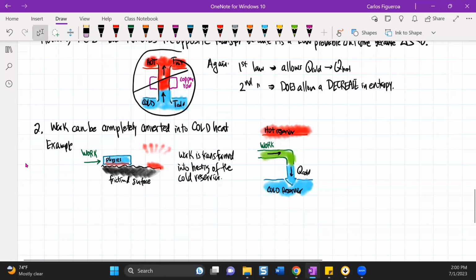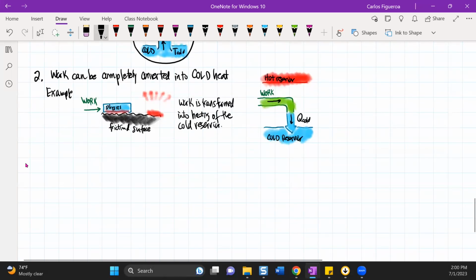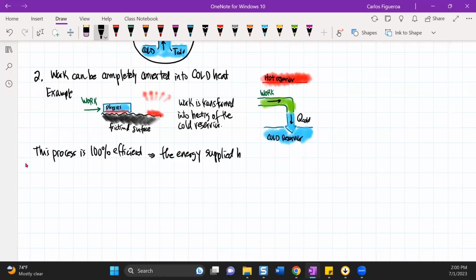So what you're seeing here is that this process is 100% efficient, which means the energy supplied by working is completely transferred into heat QC.